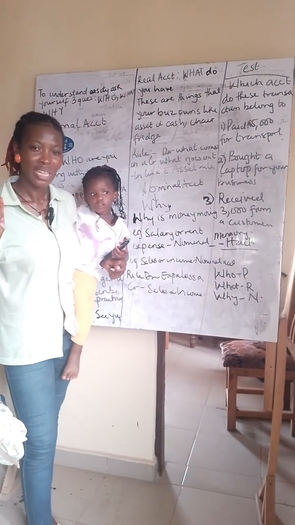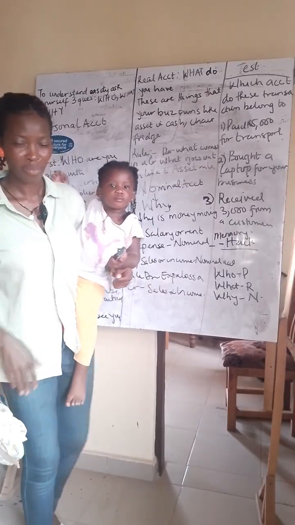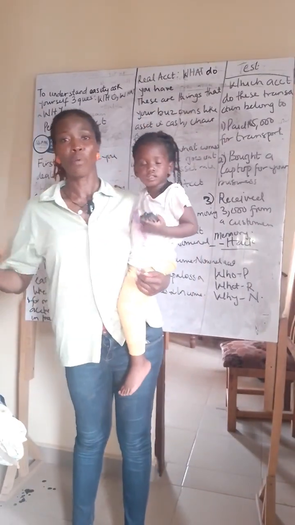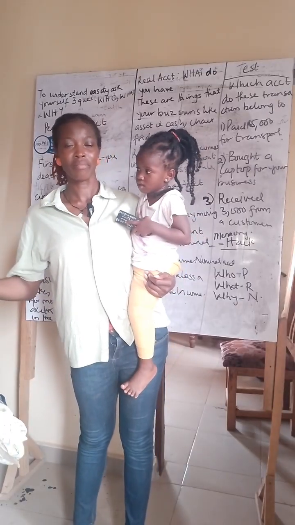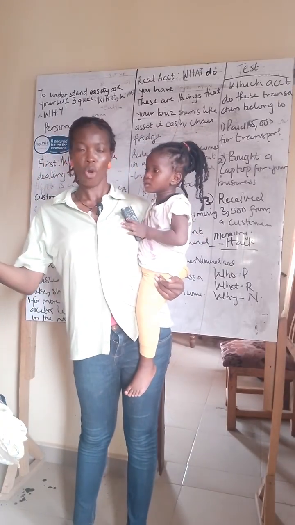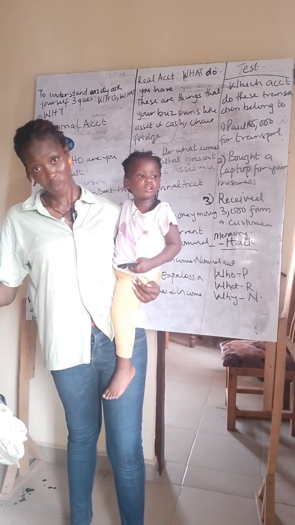Now, let me tell you a very short story. I decided to open a popcorn shop in a cinema, and in that popcorn shop, I had to pay rent of 50,000 naira for a month.